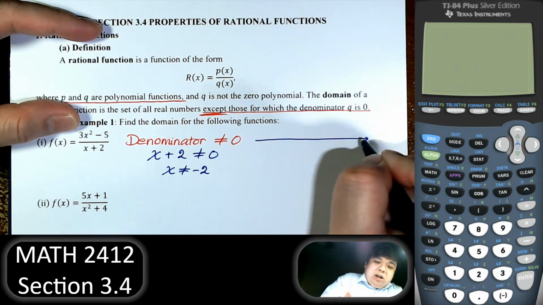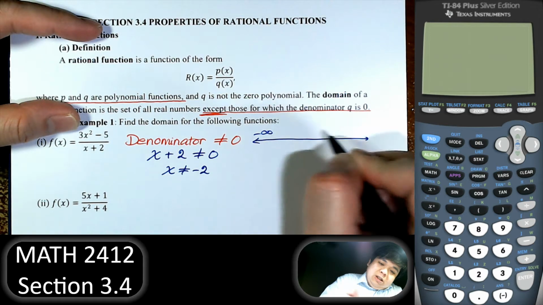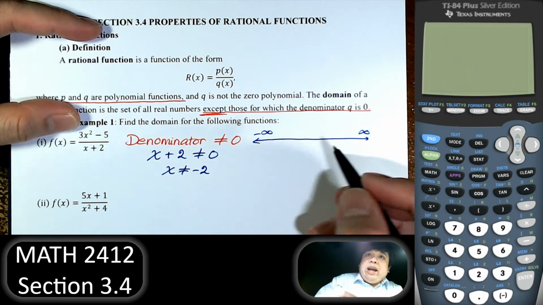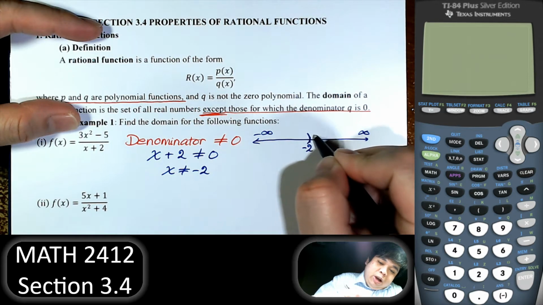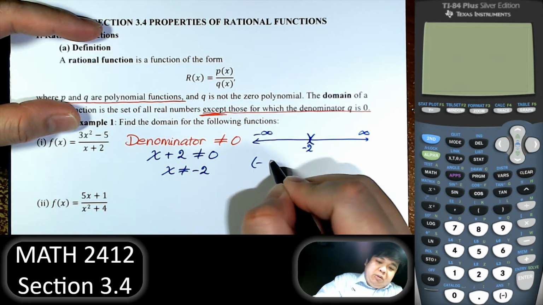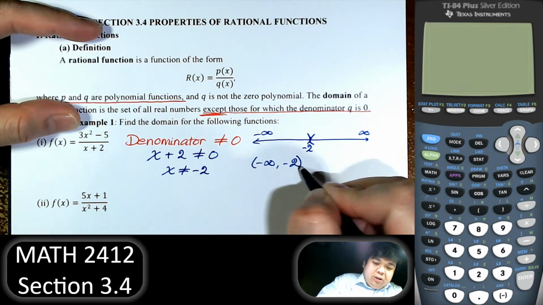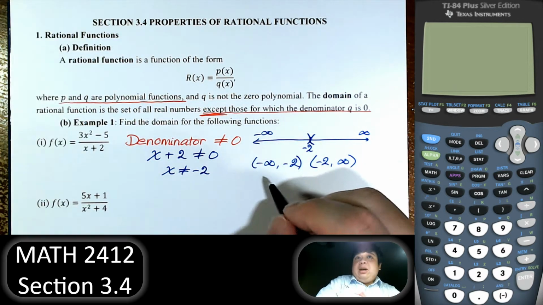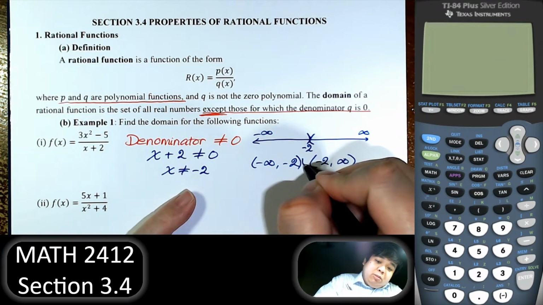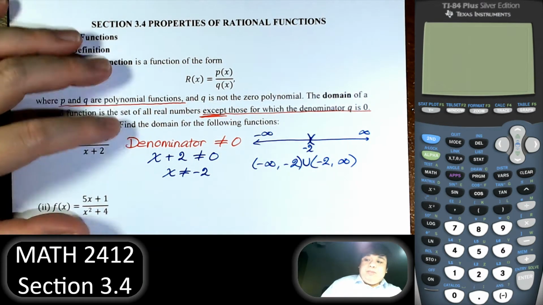On the number line, we can have anything except for negative 2. So we will have negative infinity to negative 2, and negative 2 to infinity, anything but negative 2, and I'm going to put a union in between them.